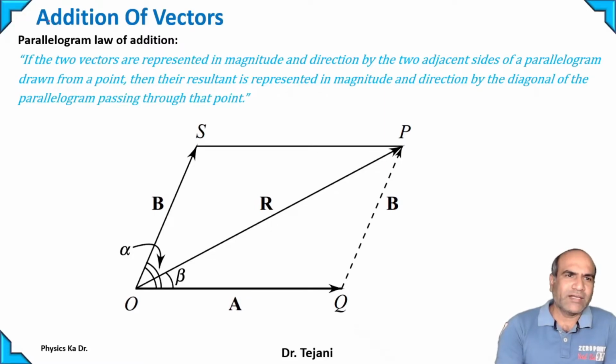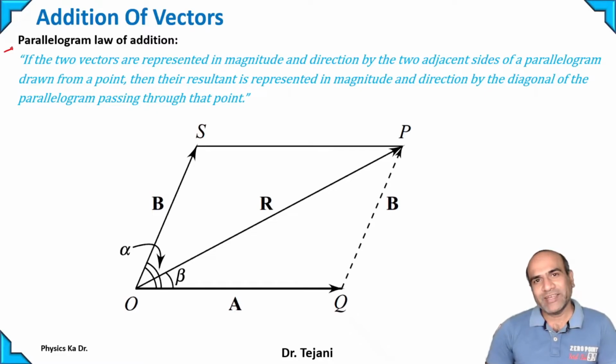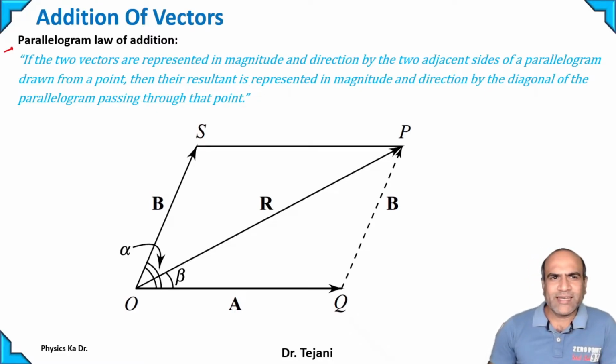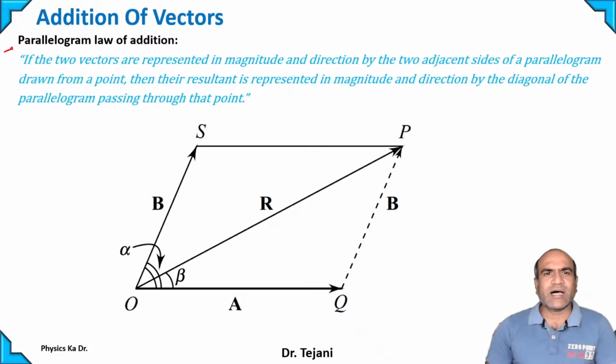In the addition of vectors, there is one more law that is known as the parallelogram law of addition. What does it state? If two vectors are represented in magnitude and direction by two adjacent sides of a parallelogram drawn from a point, then their resultant is represented in magnitude and direction by the diagonal of the parallelogram passing through that point.